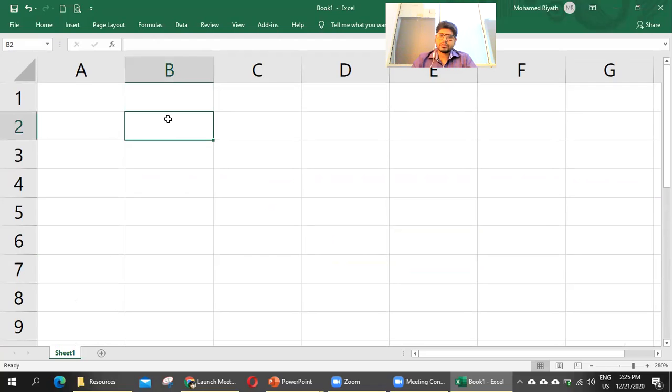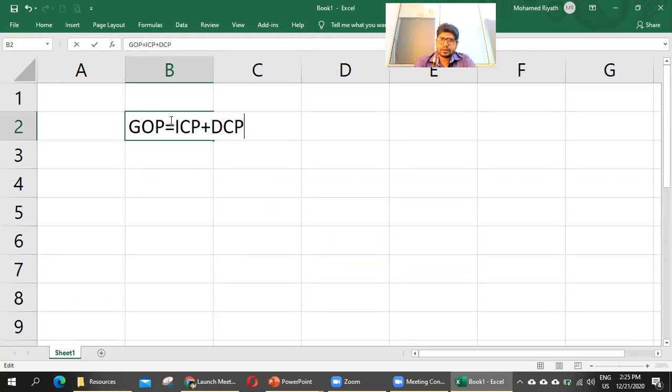Now we need to calculate the gross operating cycle. Gross operating cycle equals inventory conversion period plus debtors collection period.